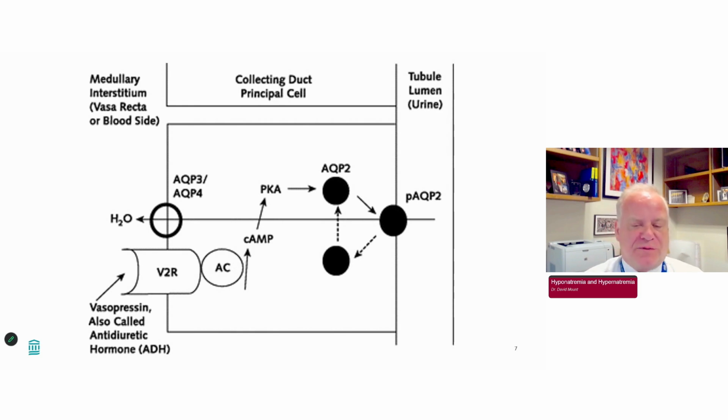And then water is reabsorbed down the concentrating gradient through the basolateral water channels, aquaporin 3 and aquaporin 4. So this is, for the most part, involved in many of the syndromes of hypernatremia and hyponatremia. For hyponatremia, perhaps the one exception is low solute hyponatremia, where vasopressin probably doesn't play an important role.